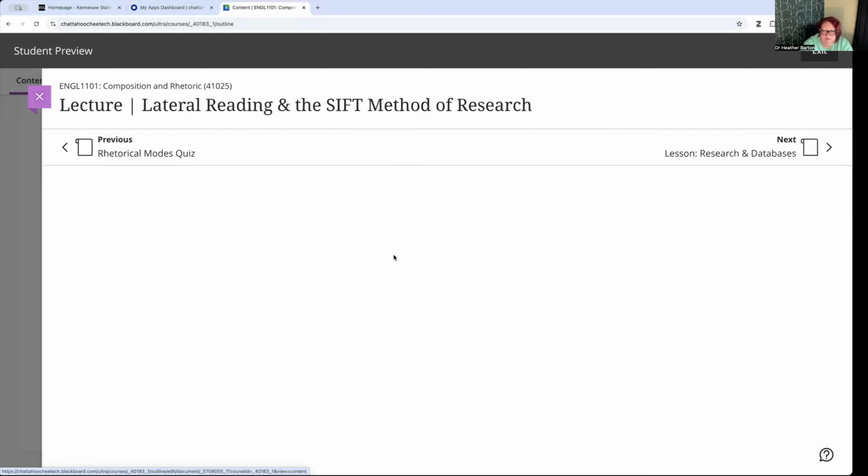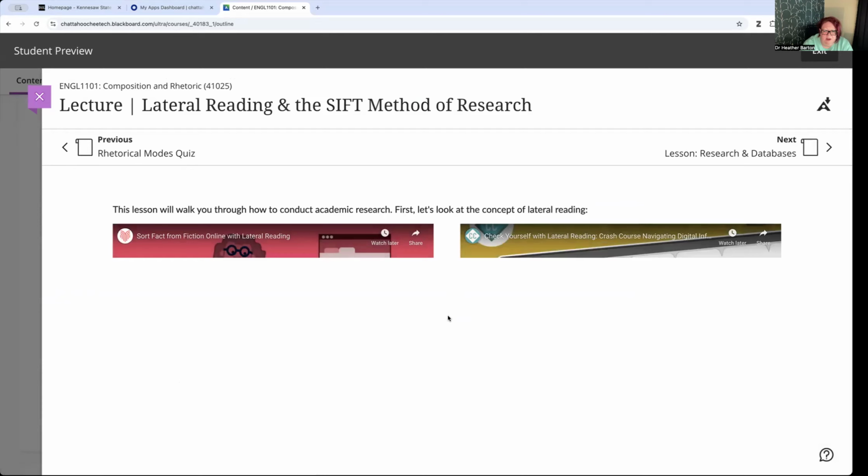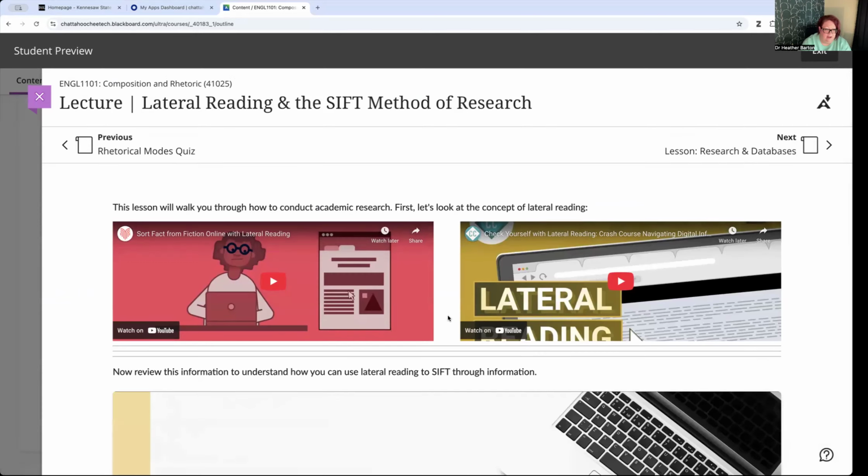And then this one is one I put together for you about lateral reading. Some of you in high school were probably taught a method called the CRAP test. It's similar, but this is more robust and more designed for the type of research that you do at the collegiate level that often involves reading articles from all over the place that are not necessarily always from a subscription resource like Galileo or Gale.